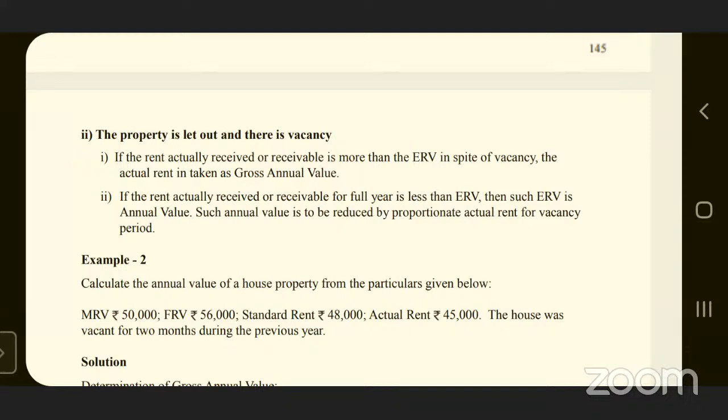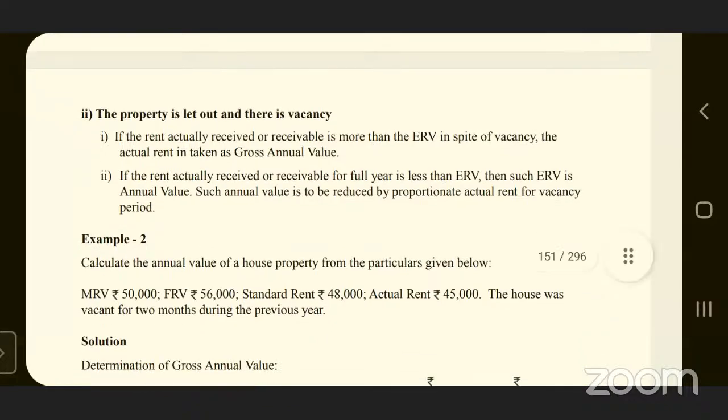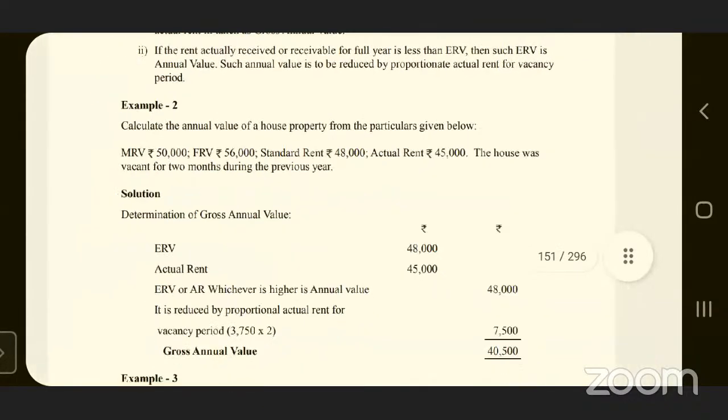While computing the gross annual value, ERV is the first step. Even after the vacancy period, if the amount received by an assessee is more than the ERV, then the actual rent is taken as gross annual value. Otherwise, vice versa.